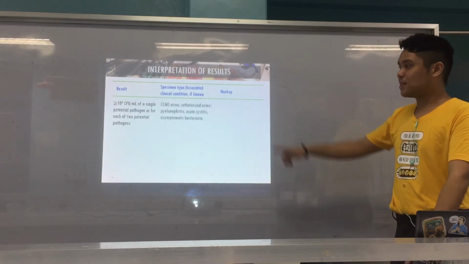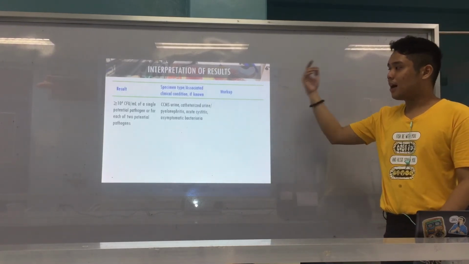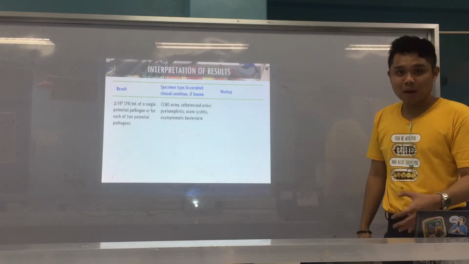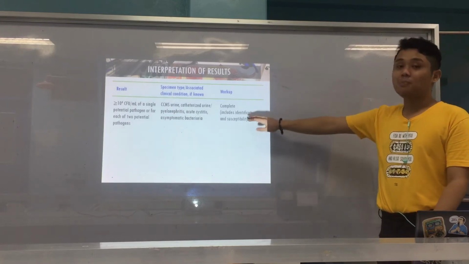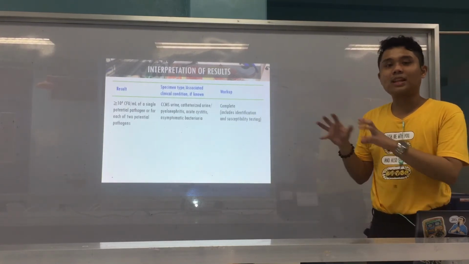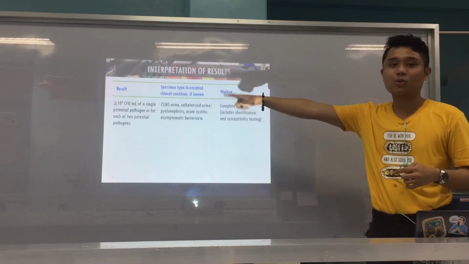And your specimen is from a clean catch midstream, catheterized, a pyelonephritis patient, acute cystitis, or asymptomatic bacteriuria, your workup should be complete. Because we now expect that this is the potential pathogen causing the disease, at this number, greater than 10 to the 4th.